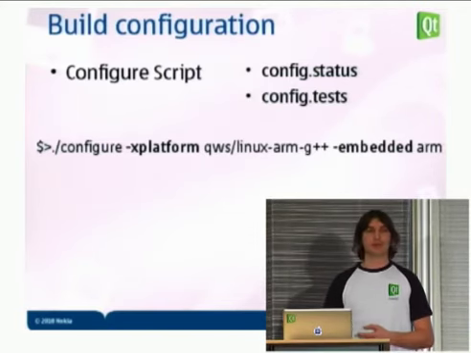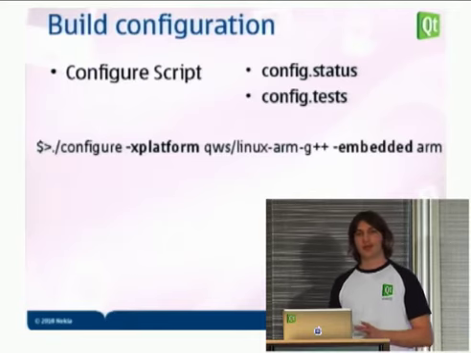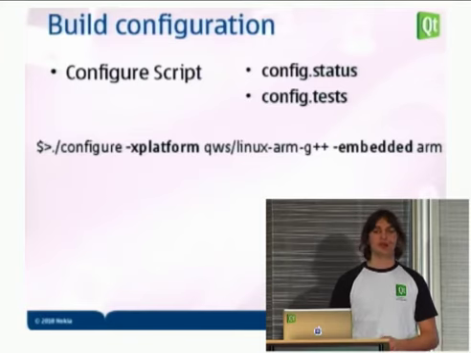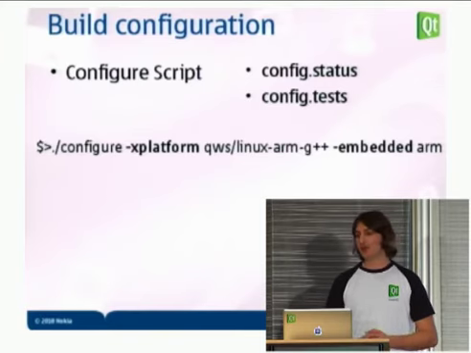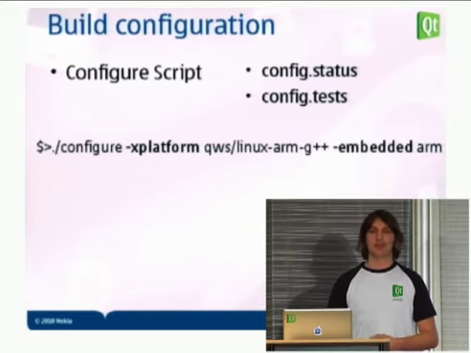ARM here is relevant for atomic operations, for example, so Qt can choose the right paths there. And especially for atomic operations and some paths that are performance critical, we have some assembly code, and here you can define which architecture it has to use.